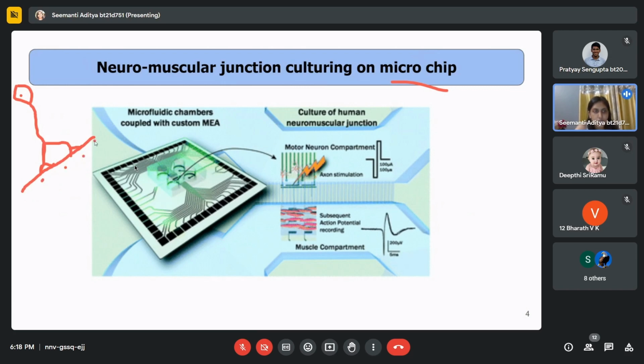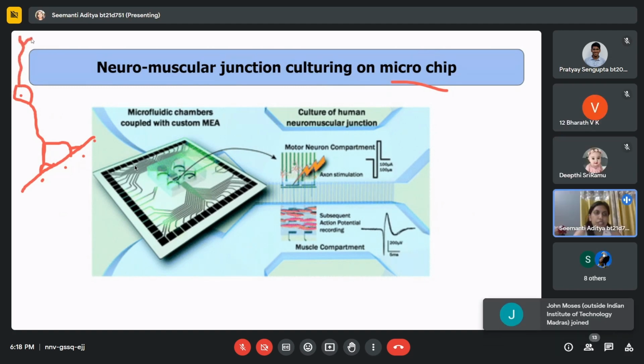This particular neuron is going to get some signals from the central nervous system or the peripheral nervous system, and it will want to convey this signal to the muscles and allow them to either contract or relax.